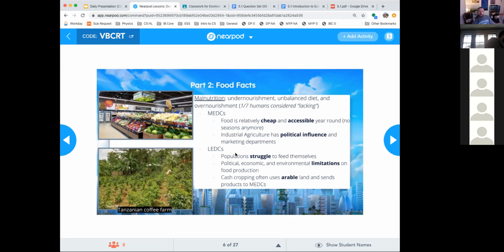Whereas in LEDCs, typically populations struggle to feed themselves. They have a lot of problems with undernourishment and unbalanced diets, like those micronutrients that Mr. Tout was just talking about. There are all sorts of limitations on food production that come from politics, that come from economics, where you can't afford to grow much more. You can't afford the land, you can't afford the fertilizers.